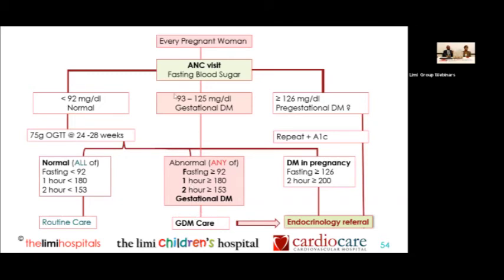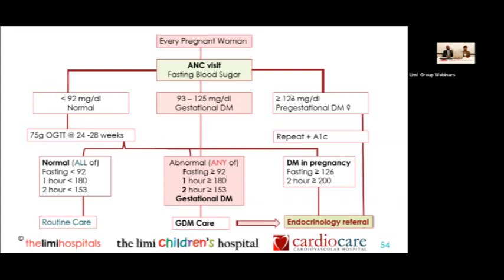In people who have 93 to 125 in pregnancy, that's an abnormal value, and you can make a diagnosis of gestational DM already. Some of them are actually going to be pre-gestational, but it doesn't meet the criteria, and you still manage as such.